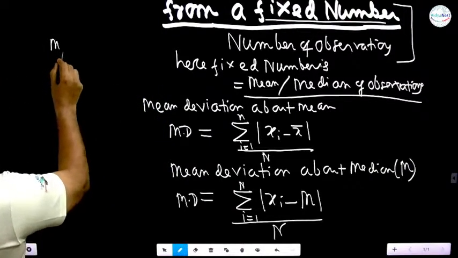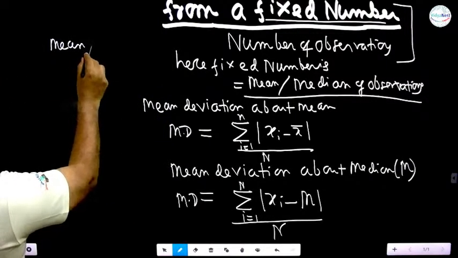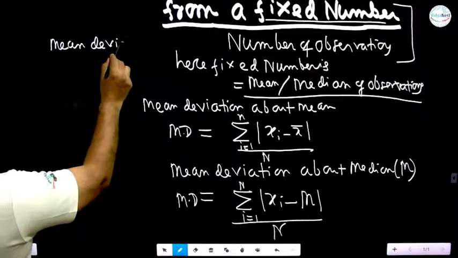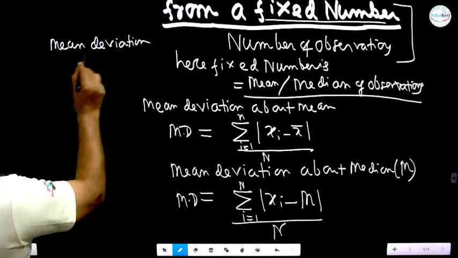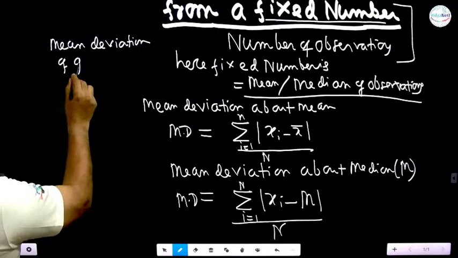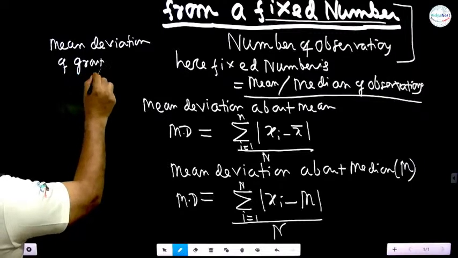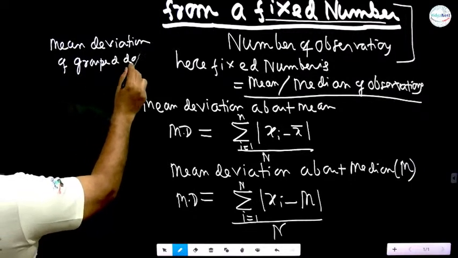Mean deviation of group data. What is that? What is meant by that?